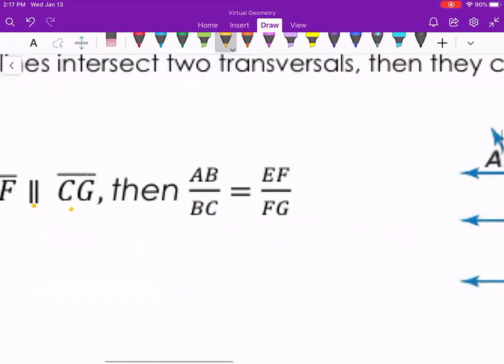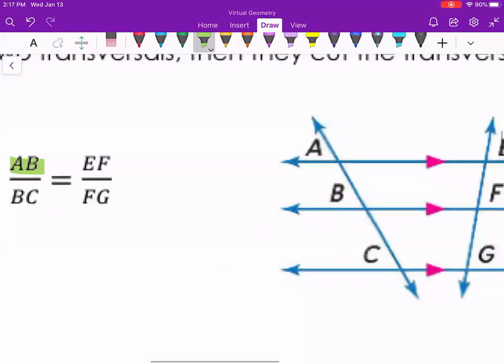Let's see where that happens. So AB, which is that piece, over BC. Those two pieces, and I'm going to redraw that, make a little more space there. So this piece and this piece.